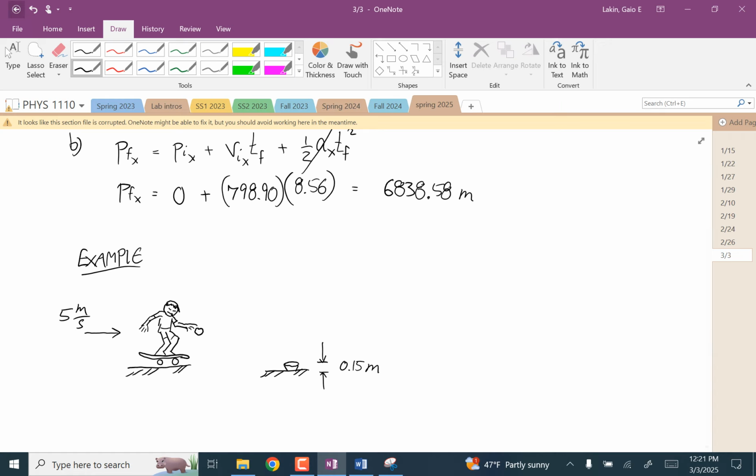And it's important to remember that that path is always going to be part of some kind of parabola. And you want to drop that ball and make it land right in the cup. Okay, so the question is, how far away from the cup do you have to be when you drop that ball? And we'll say that you drop it from a height of 1 meter. 1 meter is just such a nice, simple number.